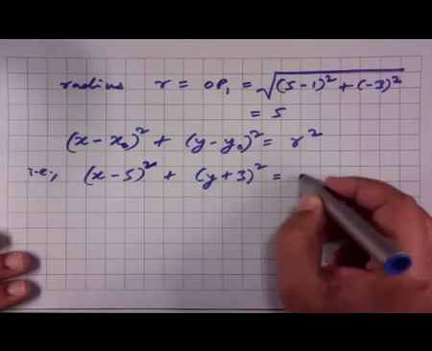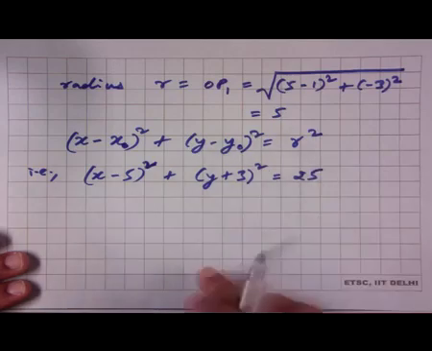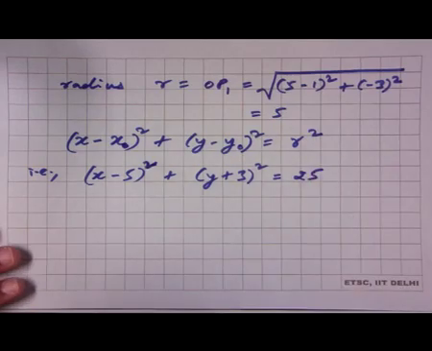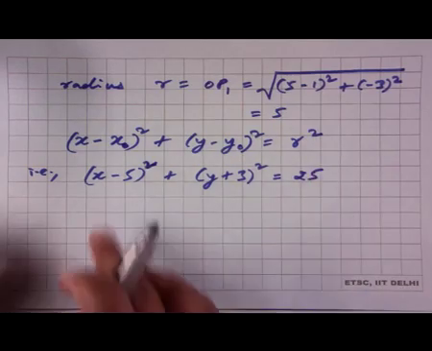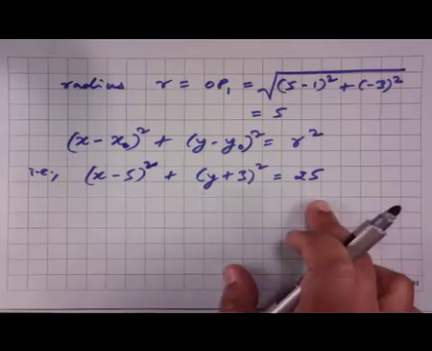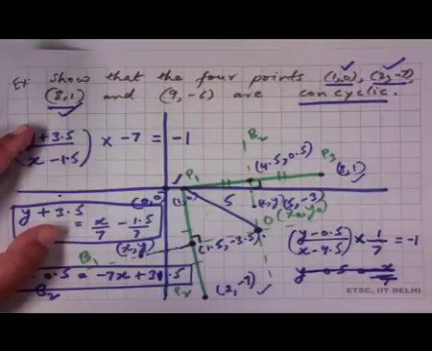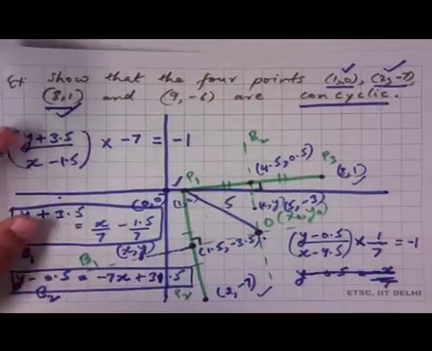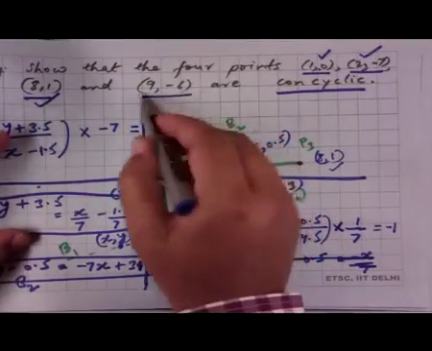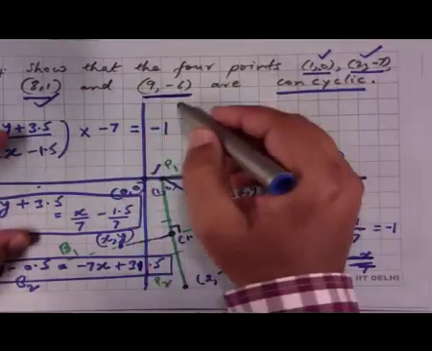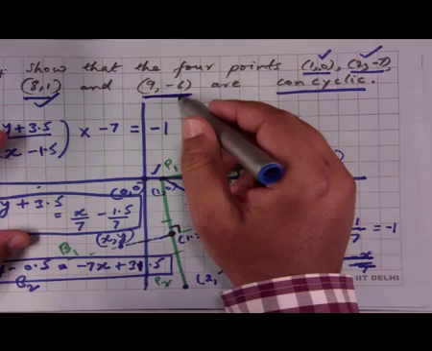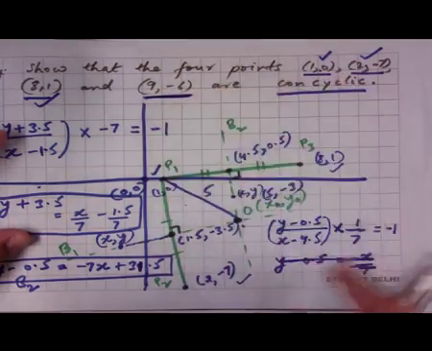R is 5, so r square is 25. So, this is the equation of the circle on which these 3 points lie. And now we just need to check whether this fourth point lies on this circle.